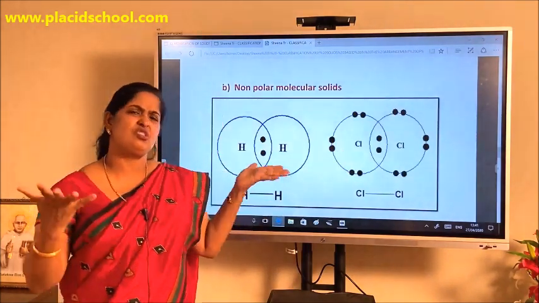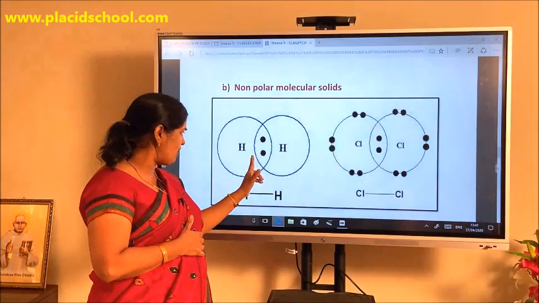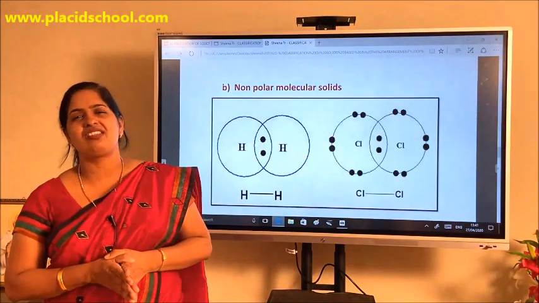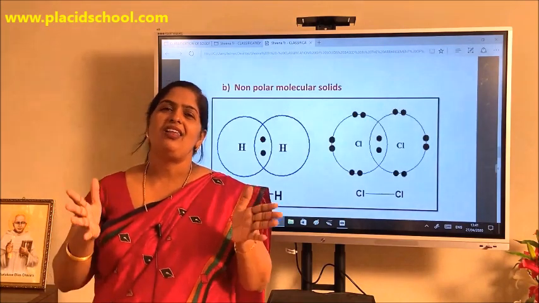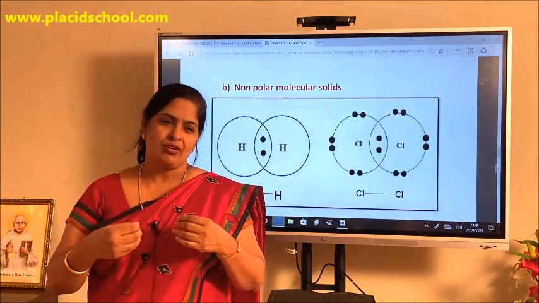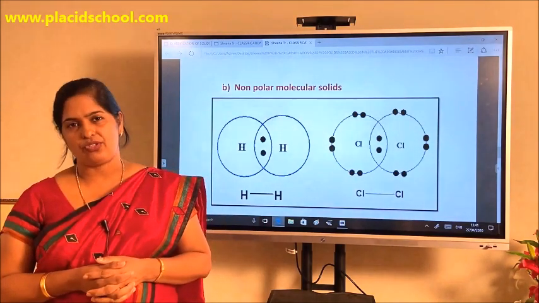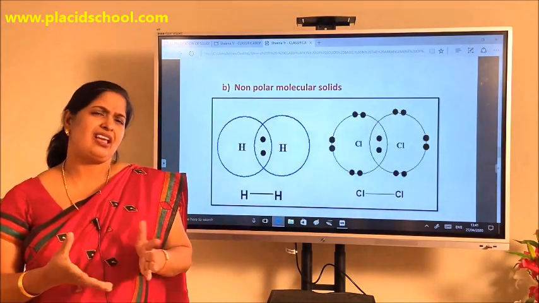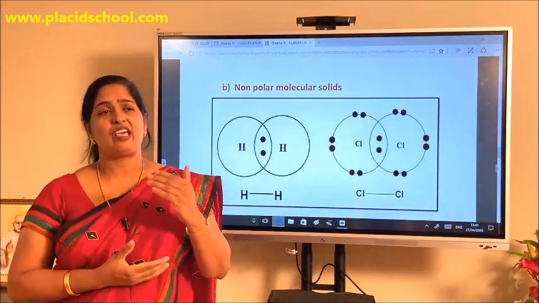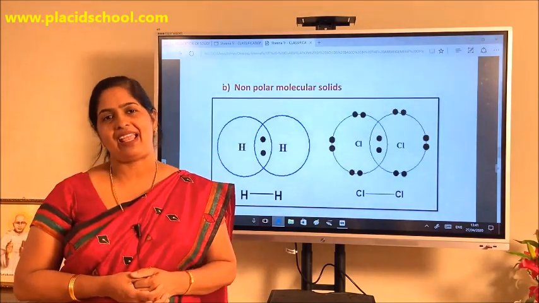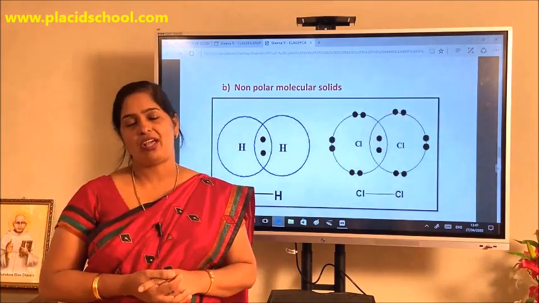Here the interaction is very weak. For example, one hydrogen molecule and another hydrogen molecule, the interaction is only weak London force, or another name for London force is weak dispersion force. And the properties are, again, they are soft, and their melting point and boiling point are very low and will be lower than polar molecular solid.